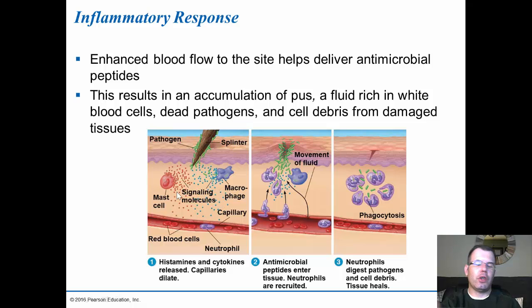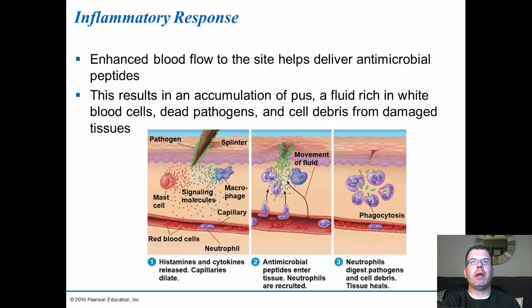And so again, pus is a good thing because that means your cells are eating these things up and spitting them out and killing the stuff. So a lot of times you'll see, especially with a skin scrape, you may get some oozing. That's good because that means your cellular response is working well. It means you're getting the destruction of those cells, the pathogens, as well as the surrounding tissue. And so that's a good thing that's going on there.